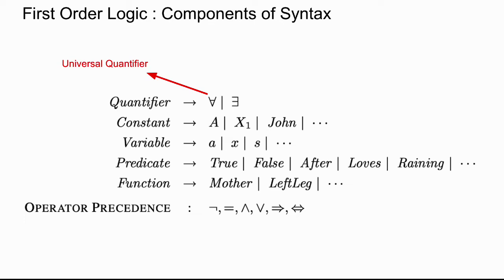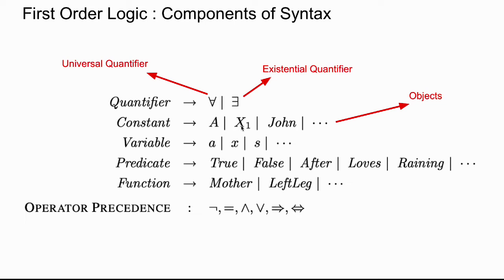So one of the basic things that first order logic has is what is called a quantifier. And one quantifier is this universal quantifier, which is denoted by this symbol, which is called for all. The other quantifier is this symbol, which is the existential quantifier, and its meaning is there exists. Okay, so we will again see how exactly these are used shortly, but just remember for now that this is the universal quantifier and this is the existential quantifier.